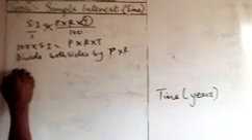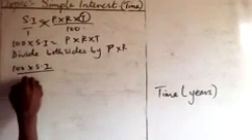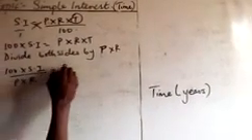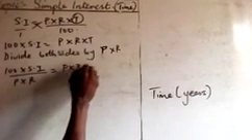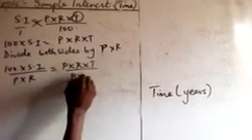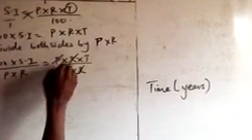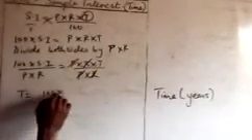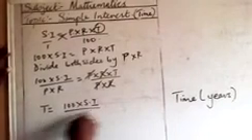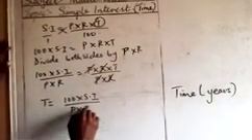That will be 100 times simple interest over principal times rate equals principal times rates times time over principal and rates. This will eliminate this, this will eliminate this, remaining t. So time equals 100 times simple interest over principal times rates.